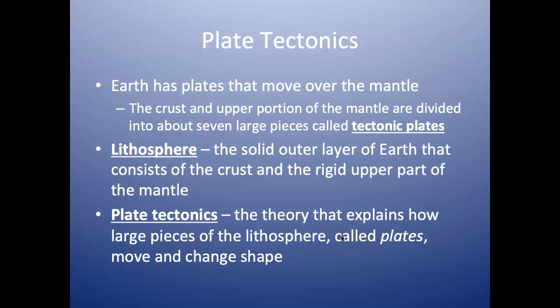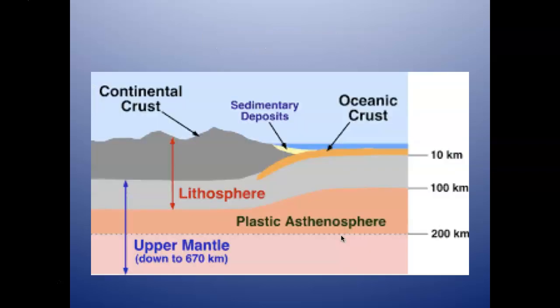It is this region, the lithosphere, that is thought to do all of the moving. Plate tectonics, then, is just the theory that explains how this lithosphere and those plates have changed over time and shape and moved into the places that they currently are today.